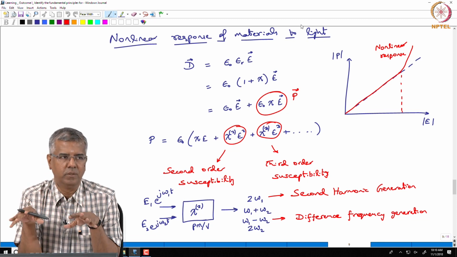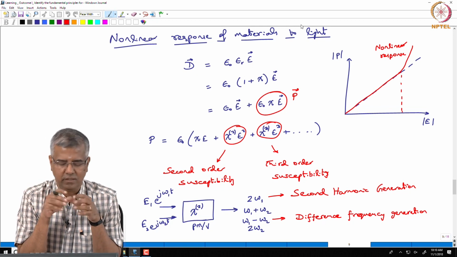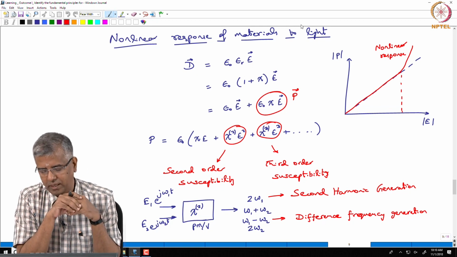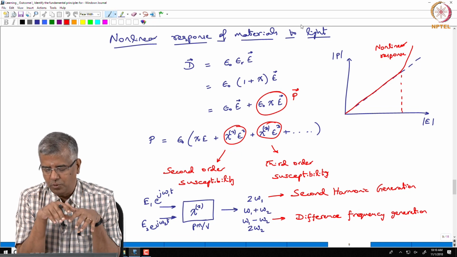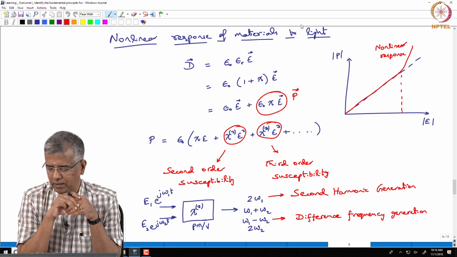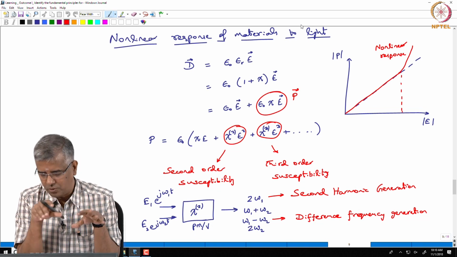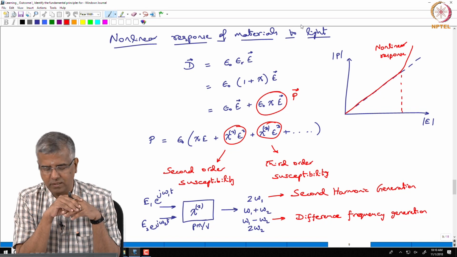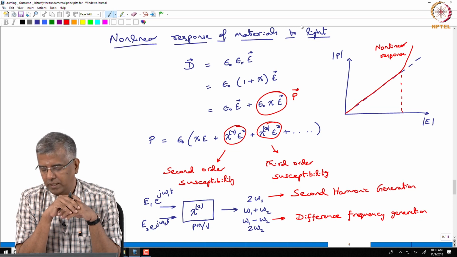Not all of that are we able to do justice as far as this course is concerned. It is not even the intention to do justice to the entire area of nonlinear optics. What we are doing here is only at a very basic, fundamental level, not going too much into the math, just giving you a physical feel for what is happening.